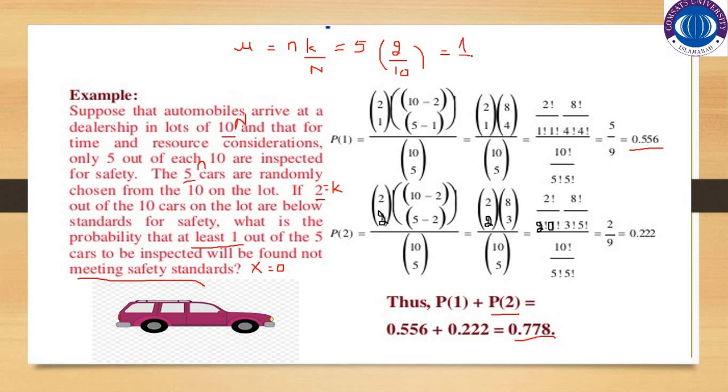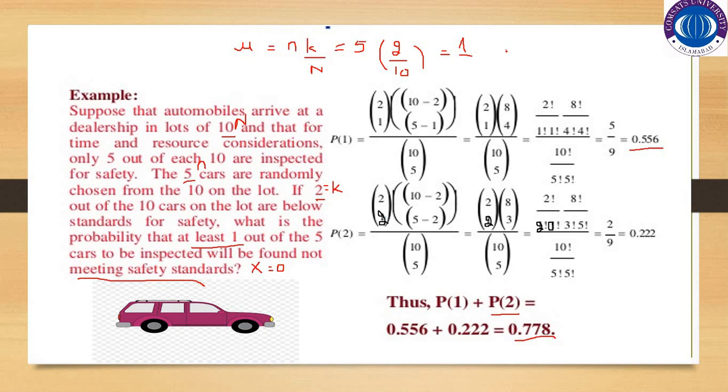So this is the mean of this particular random variable, the number of cars not meeting the safety standard. This represents that there is on average one car in a lot which is not meeting the safety standard.